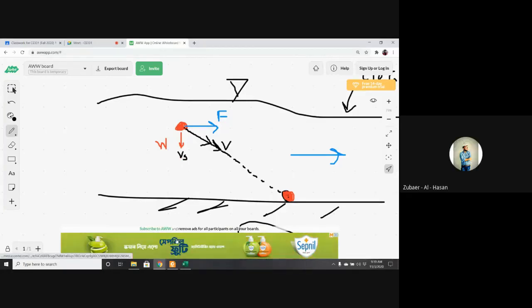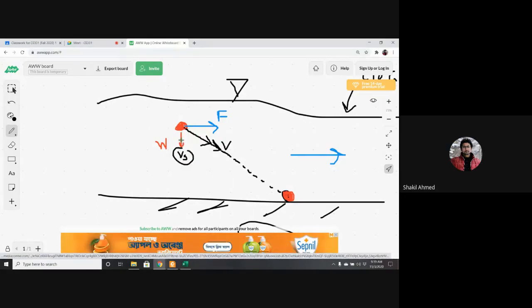Can you please repeat it? There are two velocities actually working here. One is settling velocity, which is in this direction, the red one, and the other one, let's call it dragging velocity, VD, which is the blue one.